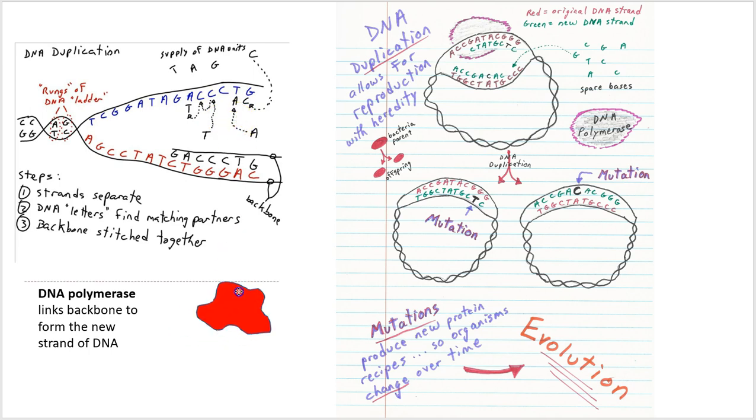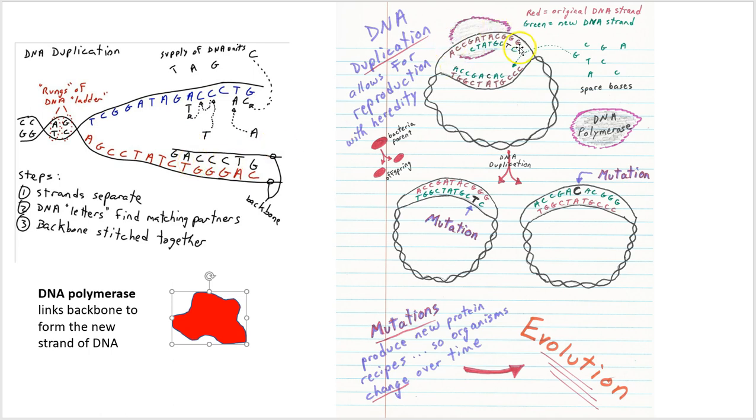And then the DNA polymerase will come along and chemically bond the letters together, so stitch the backbone together, forming the new strand. And notice then, there will be 2 new strands, one on the bottom and one on the top. And so you'll have the duplication of one DNA molecule into 2 identical DNA molecules.